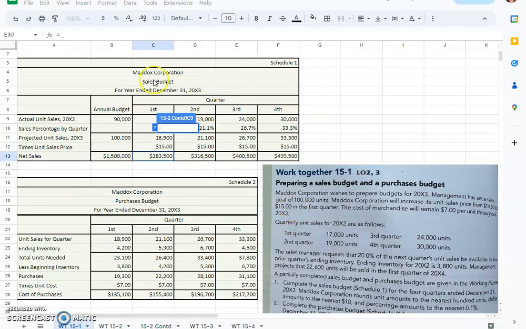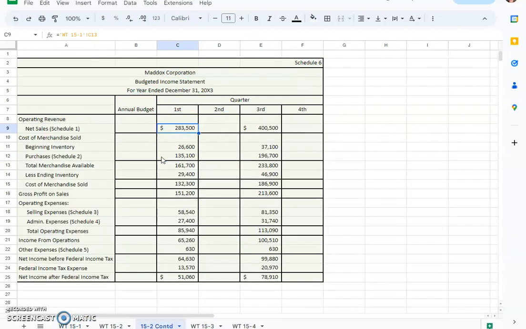So let's find our Schedule 1, and here it is. Right, 283.5. So we'll go ahead and pull that across. Now let's find our purchases from Schedule 2. 135,100.